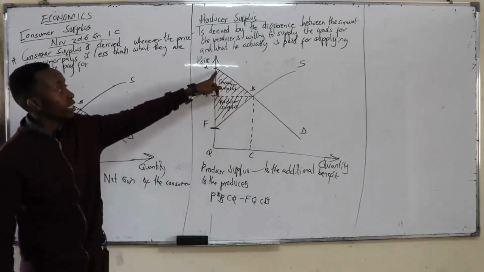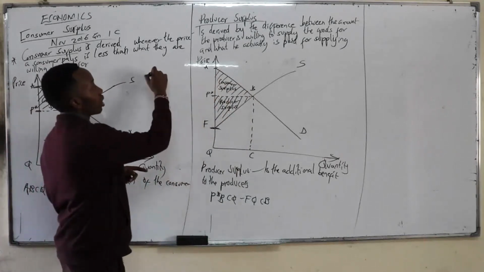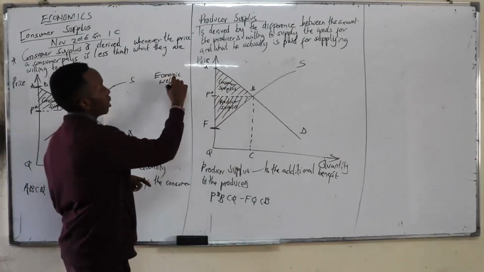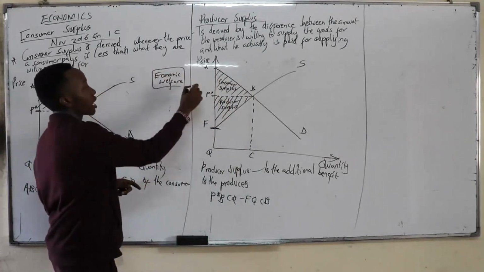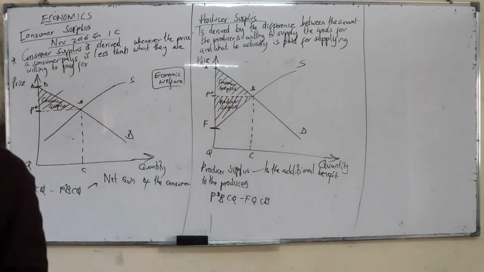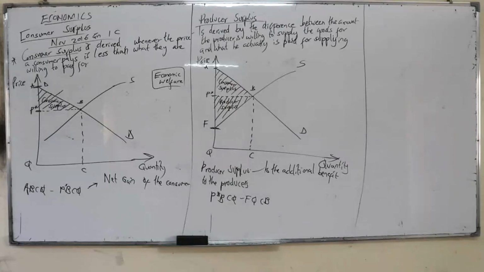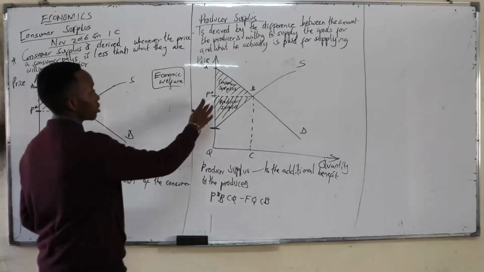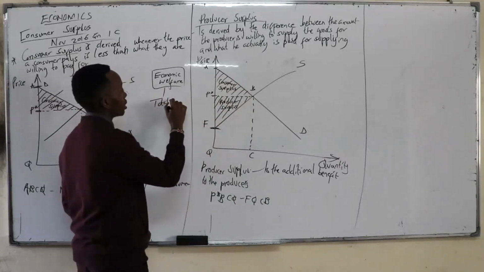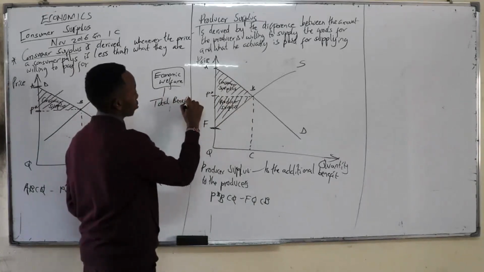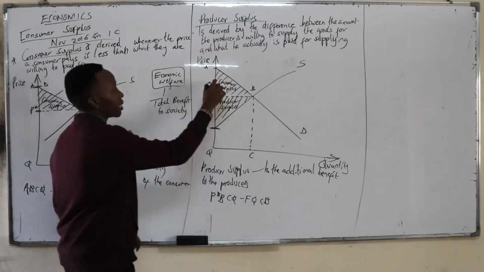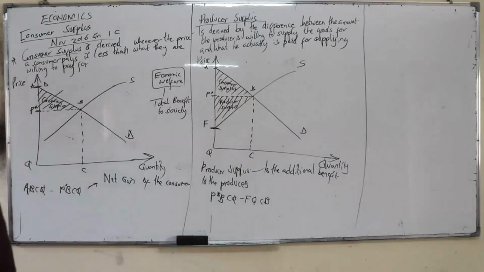So ideally, this creates what we call an economic welfare, where people on both ends are actually benefiting, be it the consumer or the producer. This is defined as the total benefit to society, whereby the consumer and the producer are both benefiting.